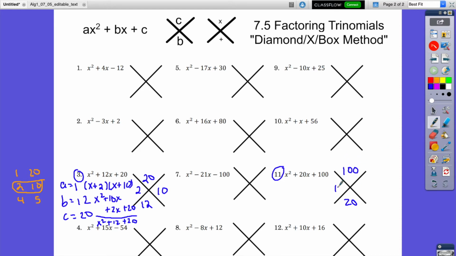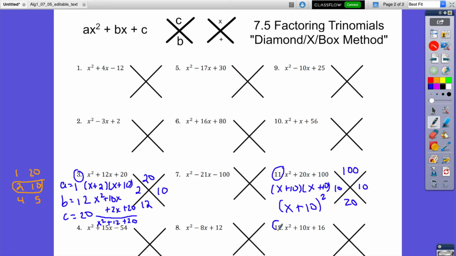It's going to be 10 times 10, because 10 times 10 is 100 when I multiply, and 10 plus 10 is 20. So I'm going to put in my two sets of parentheses here, and then I'm going to put my two x's here because x times x is x squared, and then I put plus 10 plus 10. And the easier way to write this one, since it's two binomials that are exactly the same, we're going to write it as x plus 10 quantity squared.